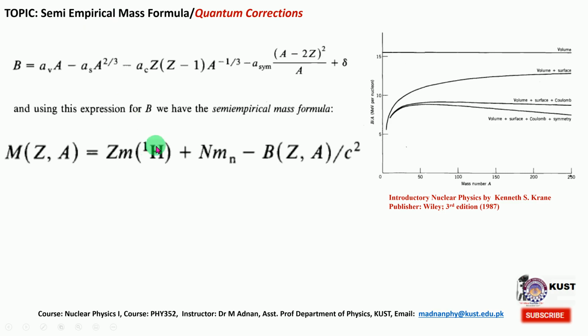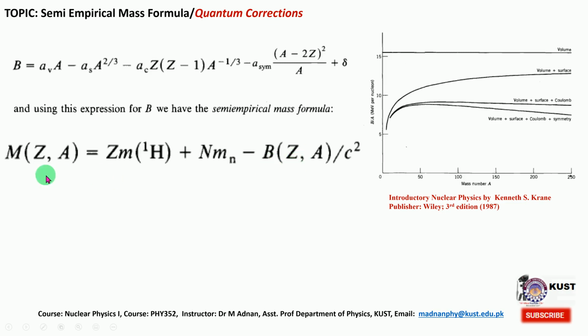From here one can find the mass formula. If you remember in my previous lecture, I explained that m times c square is the mass energy of any nucleus. That can be equal to Z times the hydrogen mass times c square, plus N times the neutron mass times c square, minus the binding energy.